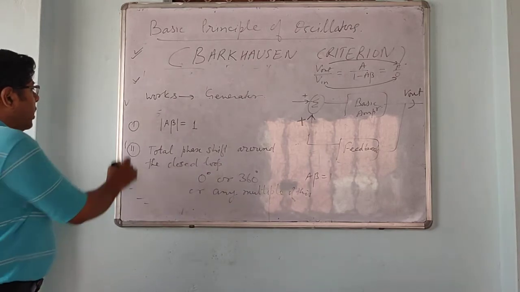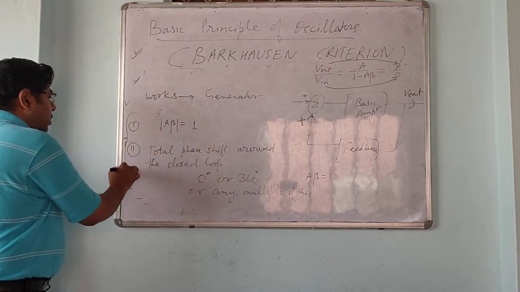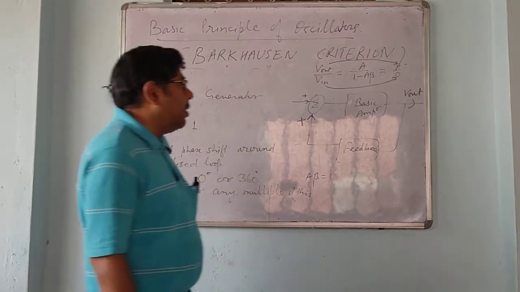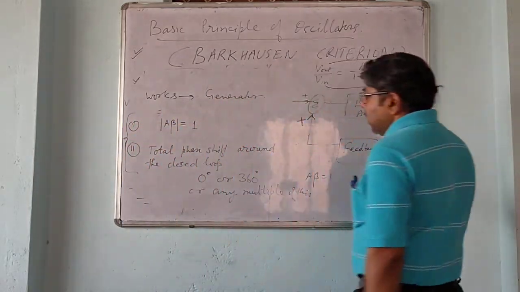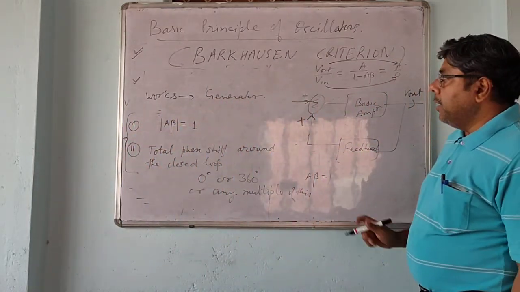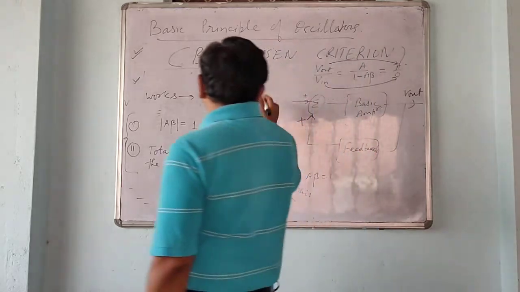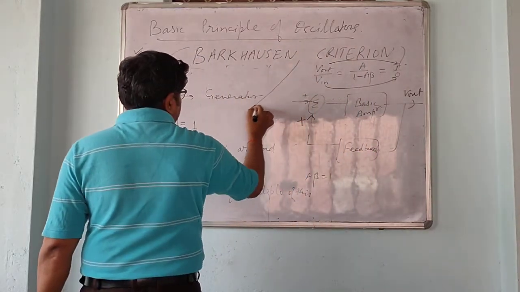So these two conditions are important for this circuit to work as generator, and these two conditions are called Barkhausen criterion.